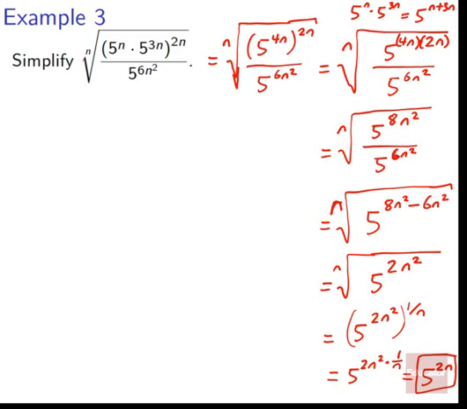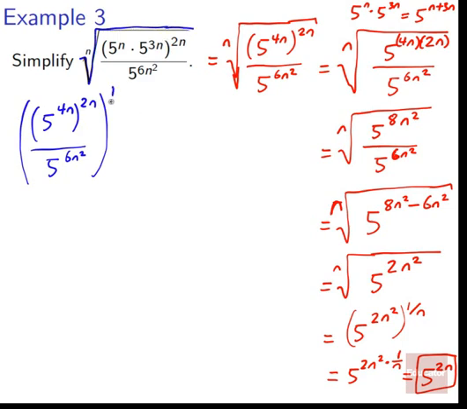Great. Alternative way we could have done this, though, is taking something to the nth root is 1 over n, whenever we do it. So 5 to the n times 5 to the 3n, once again, that'll be 5 to the 4n, because they add together. And that's all raised to the 2n over 5 to the 6n squared. Now, because it was the radical of the whole thing, the whole thing is raised to the 1 over n.